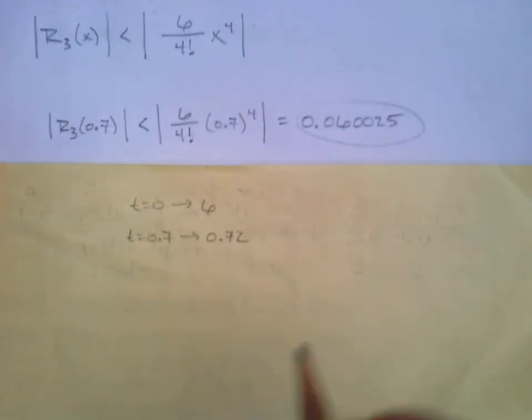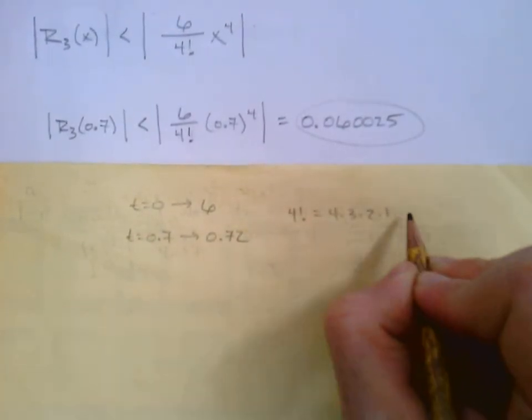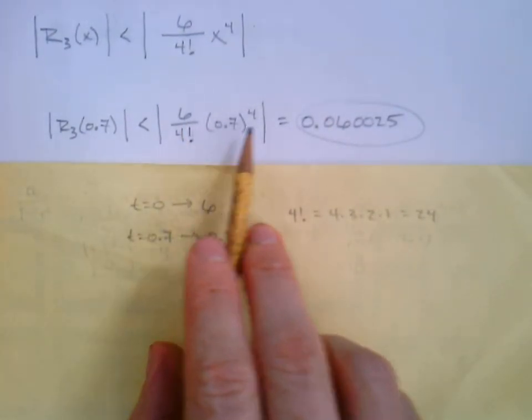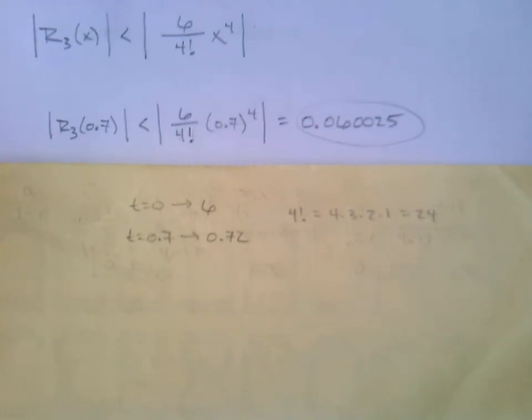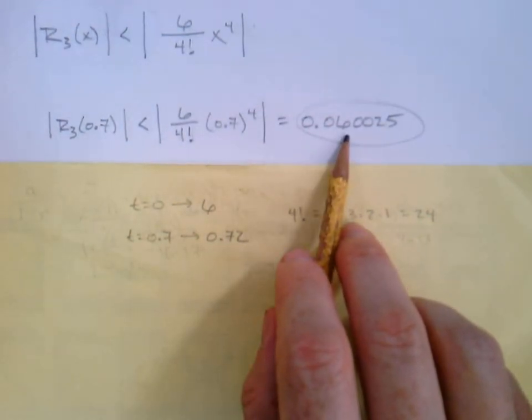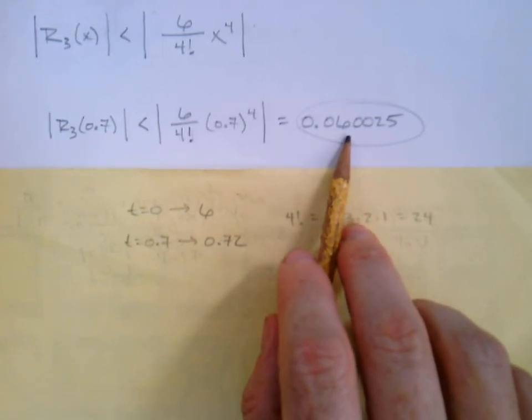Remember, 4 factorial, 4 times 3 times 2 times 1, that equals 24 here. So 6 over 24 times 0.7 to the fourth will give you that number right there. And there's the maximum error. The error might actually be less than this, but this is as big as the error can possibly be.